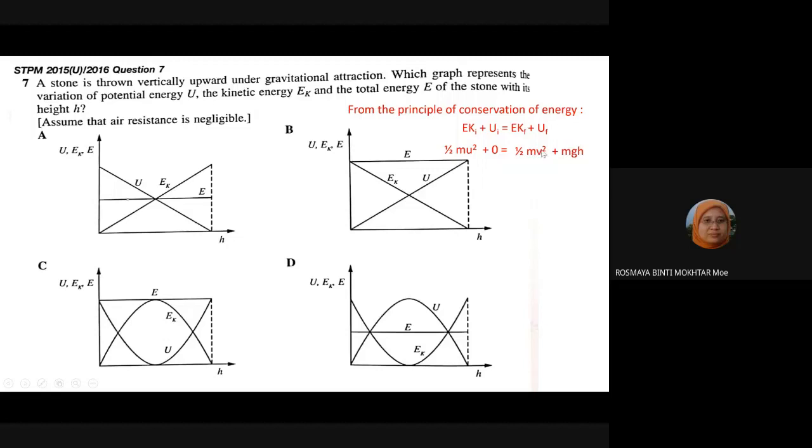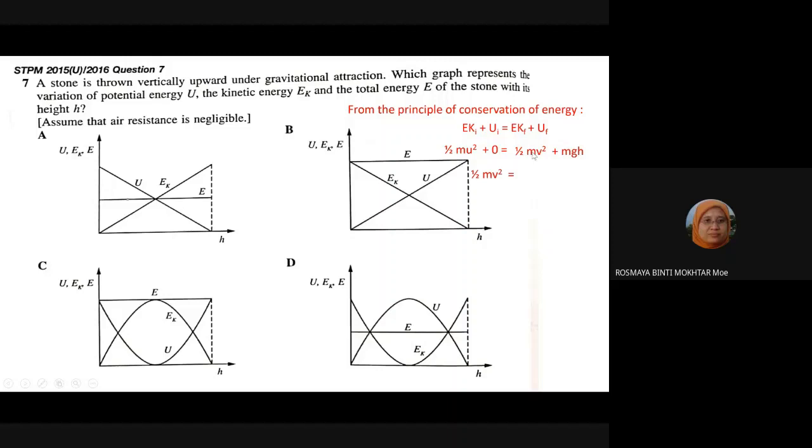So v changes as it moves at different height. Then plus mgh. m is constant, g is constant, h is different. So v and h change depending on each other. The rest of the terms are all constant.